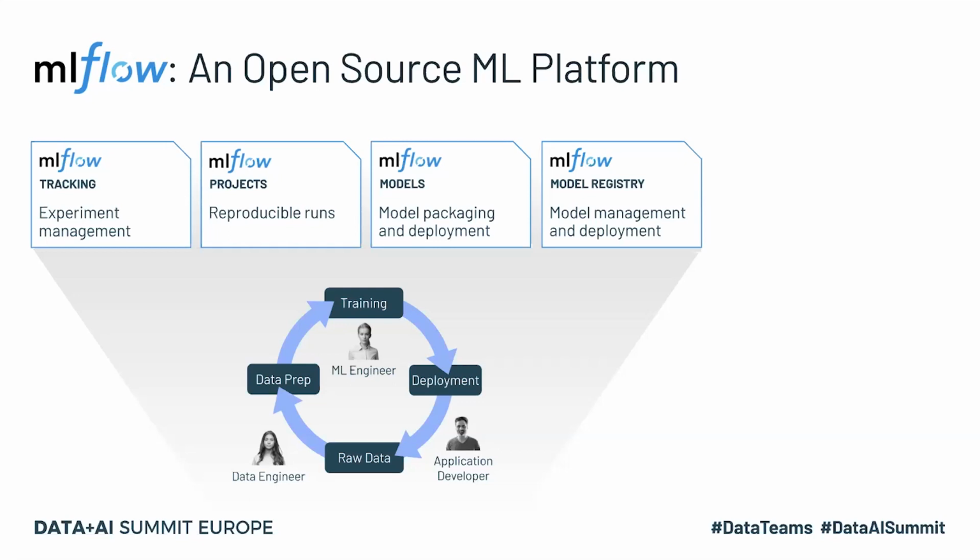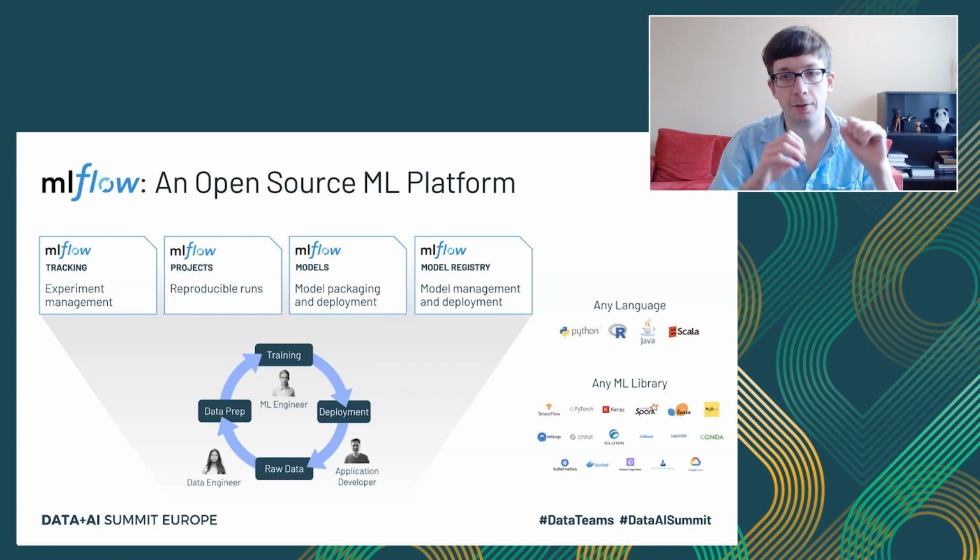And finally, the Model Registry, which is a collaborative, almost GitHub-like environment for sharing and reviewing and naming your models so that a team can work with them. And all these components are designed around general REST APIs that can be used in any language and that are easy to integrate into any machine learning library. So you can bring them into whatever workflow you have for machine learning.